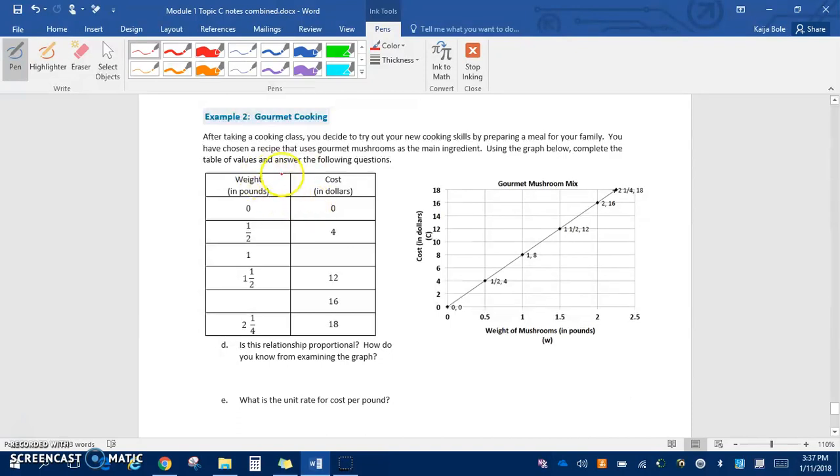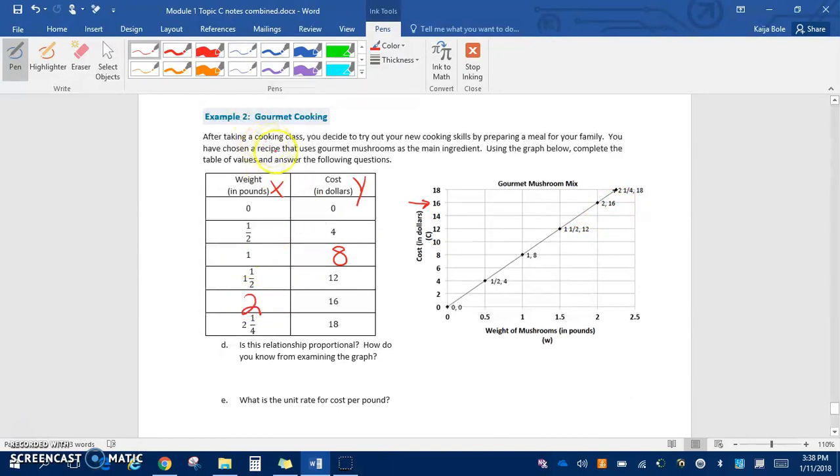So we know that weight is going to be x and cost will be y, and that'll help us out here. So the first point that we need to fill in is at 1, and the cost for 1 pound would be $8. And then if we're looking at the cost of $16, it means we're looking over here at the y-axis then. And for $16, it would be 2 pounds.